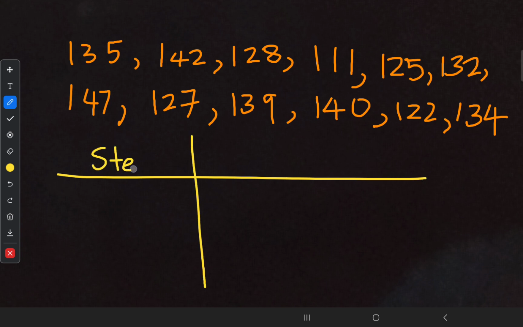You should remember one thing: in our stem, we can indicate double digits. When you consider this data set, every number has the first digit 1, so 1 is a common parameter. You should think about your second number. Here 135, 142, 128, 111.